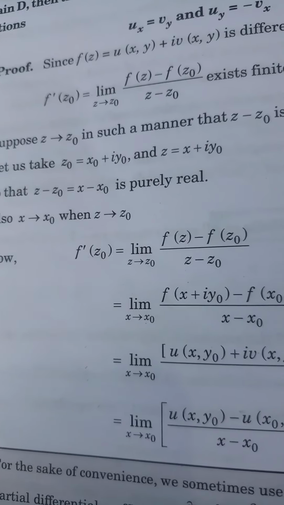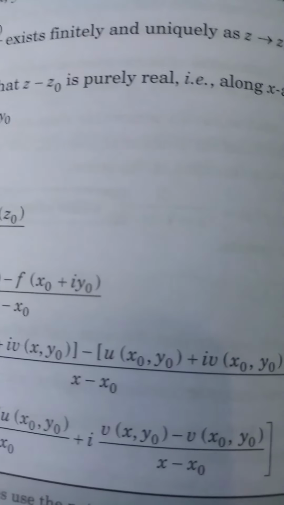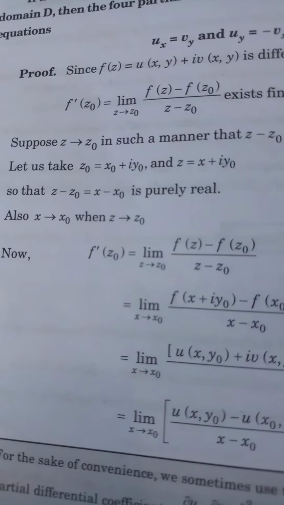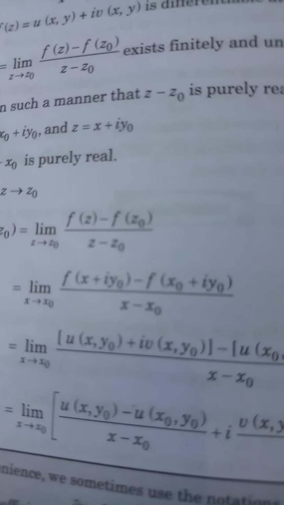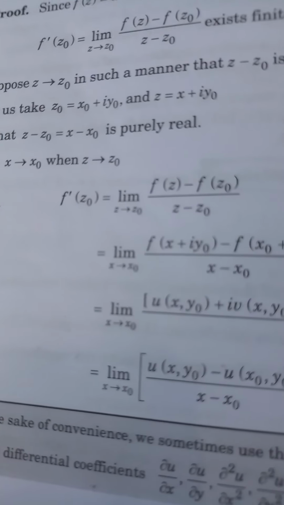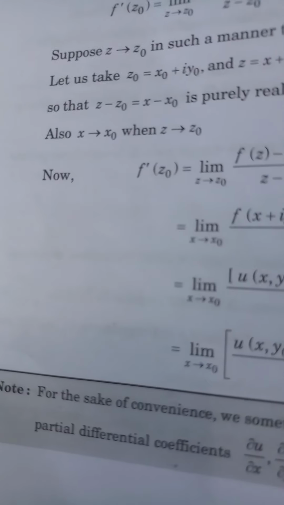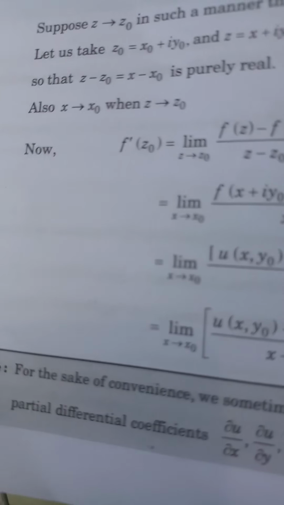Suppose z approaches z0 in such a manner that z - z0 is purely real, that is, along the x-axis. Let z0 = x0 + iy0 and z = x + iy0, so that z - z0 = x - x0 is purely real. Also x approaches x0 when z approaches z0.